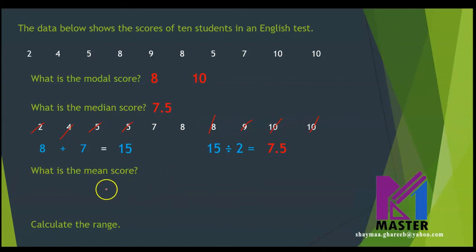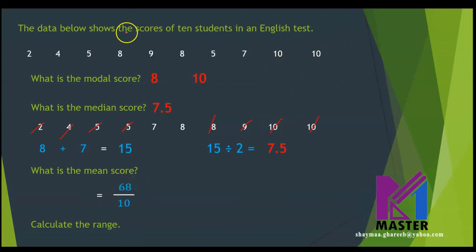What about the mean score? The mean score, we will add all these numbers together. 2 plus 4 equals 6. 6 plus 5, 11. 11 plus 8, 19. 19 plus 9, 28. 28 plus 8, 36. 36 plus 5, 41. 41 plus 7, 48. 48 plus 20, 68.